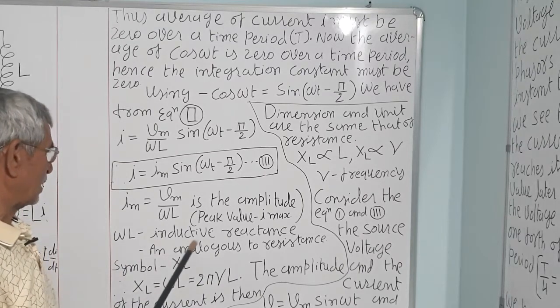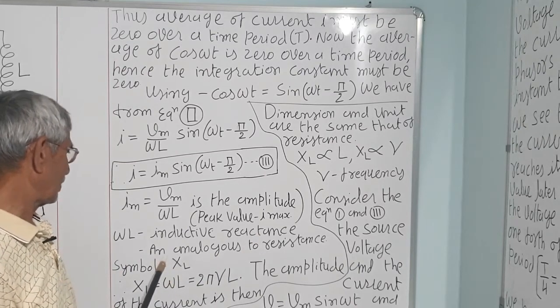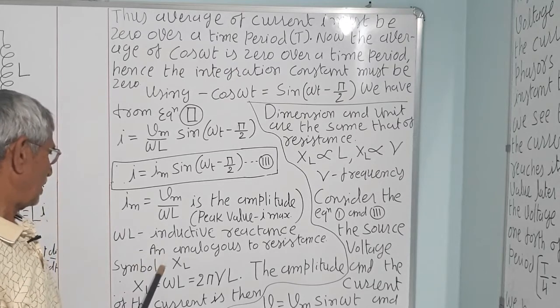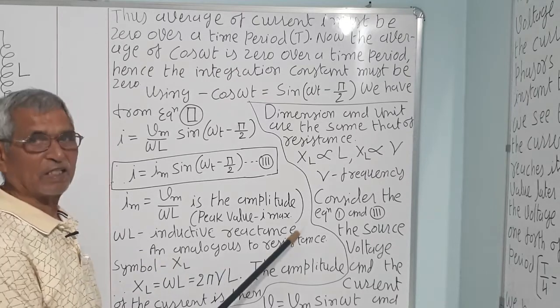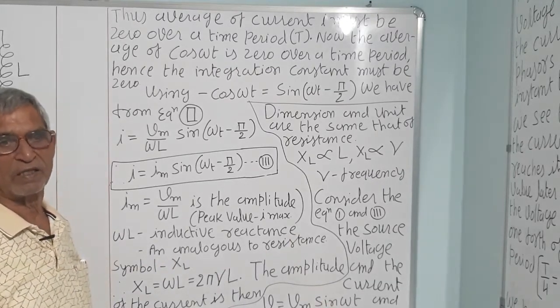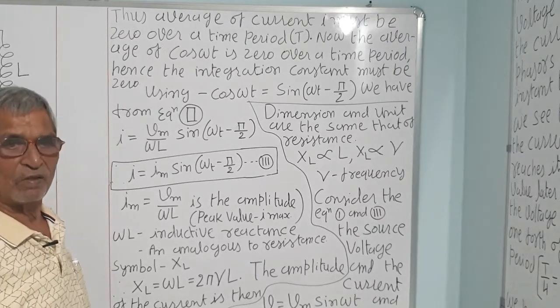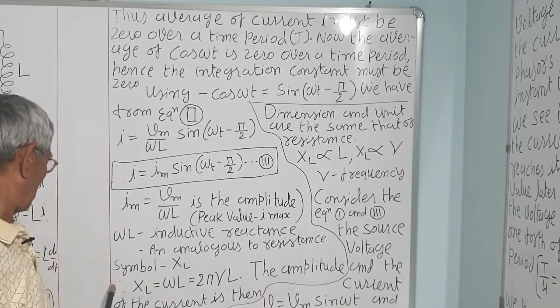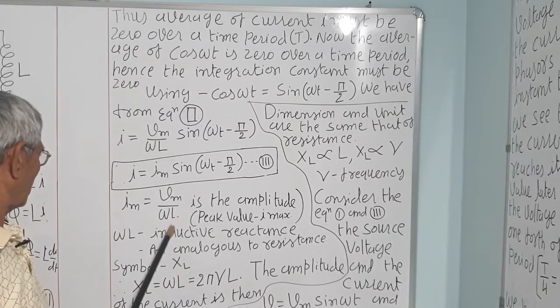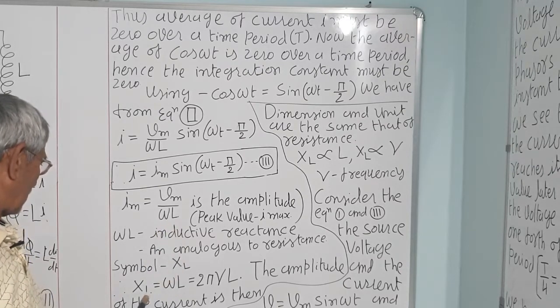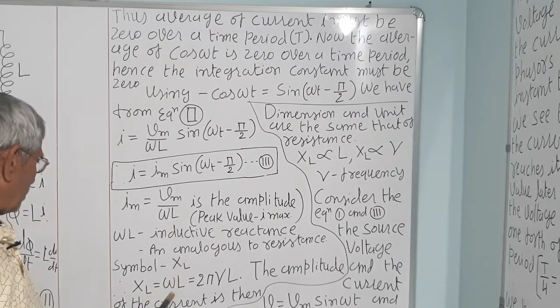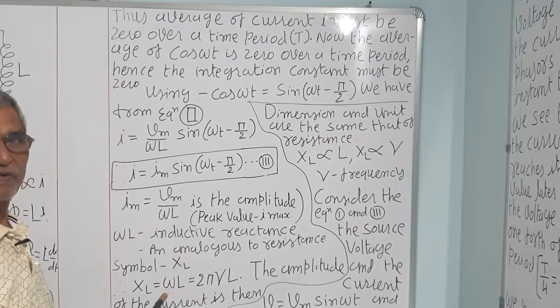So, omega L is the inductive reactance of an inductor, and this is just analogous to the resistance. The resistance opposes the current, the inductor also opposes the current. The symbol is XL. Omega L is equal to XL. XL is equal to omega L. And omega is frequency.